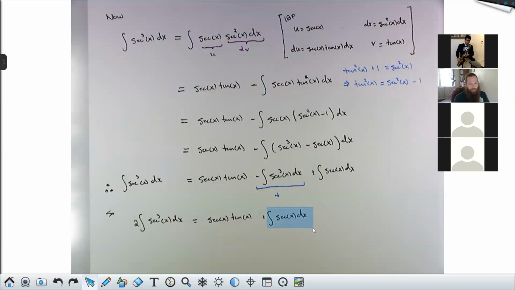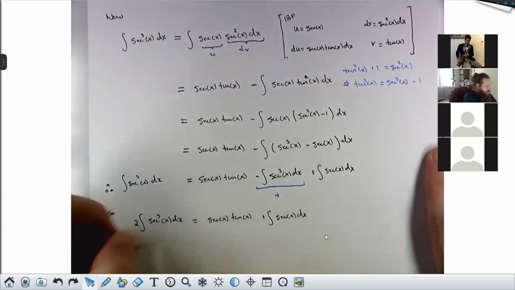The integral that remains on the right-hand side is a known quantity. It's the natural log of secant plus tangent.